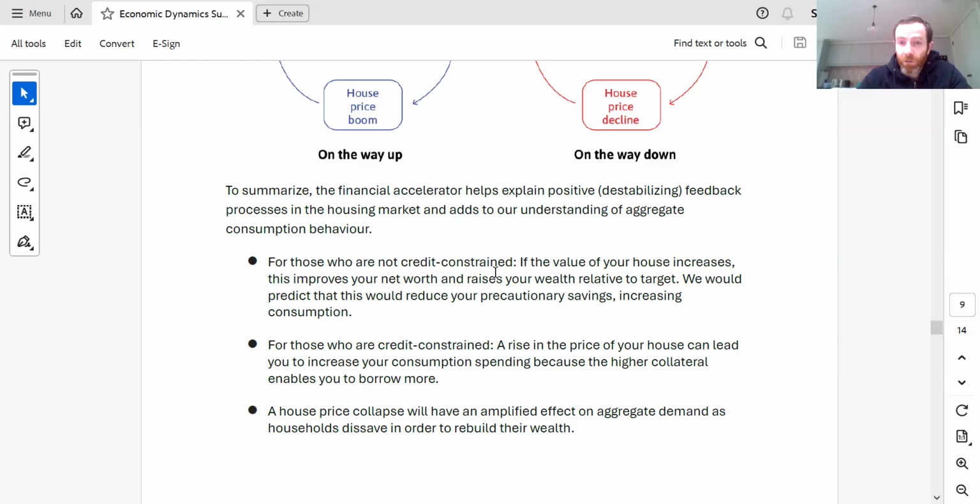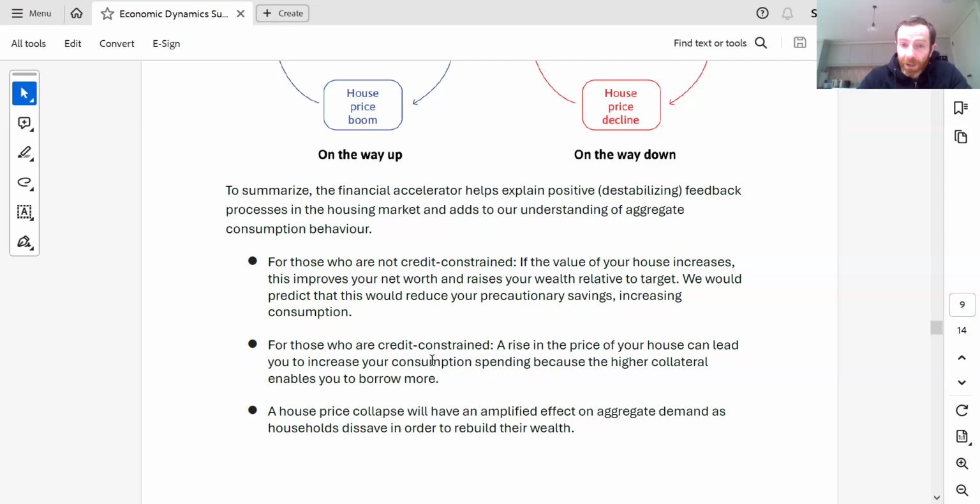So if you're not credit constrained and your house becomes more valuable, you have a higher net worth, your wealth has increased, maybe relative to your target wealth, and therefore you're thinking, oh, well, maybe I can get away with saving a bit less. So if I'm saving less, then I'm going to spend more.